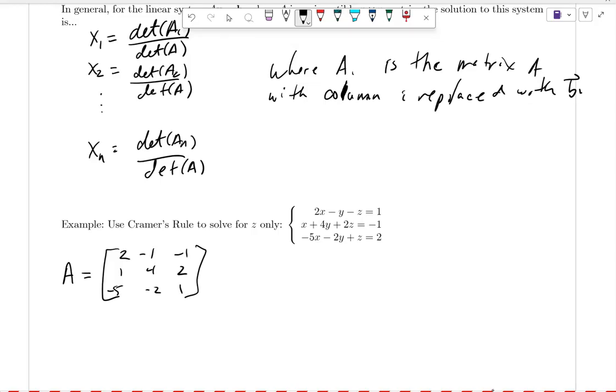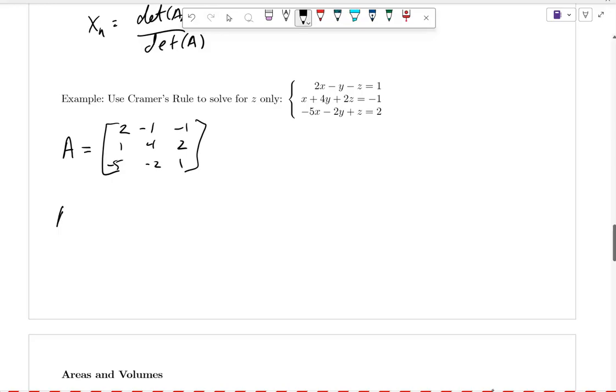Okay. Then we also have three more matrices. We've got our A1, our A2, and our A3. What's A1 going to be? What's the first column of A1 going to be? Okay. And then the other two columns stay the same.